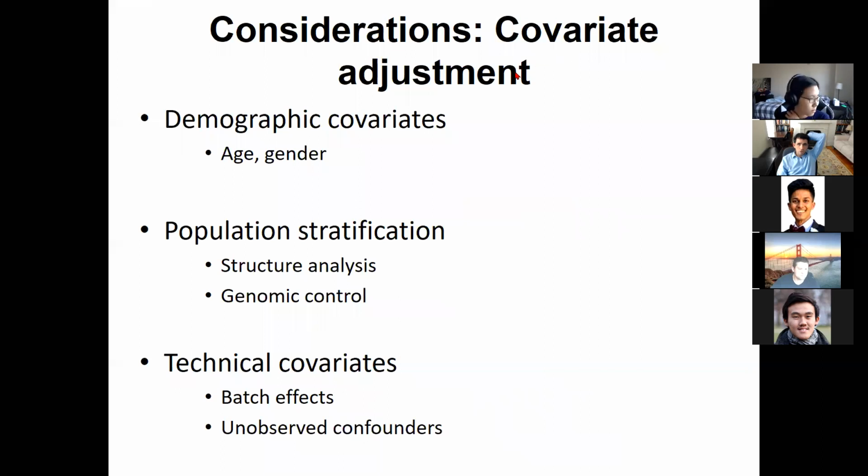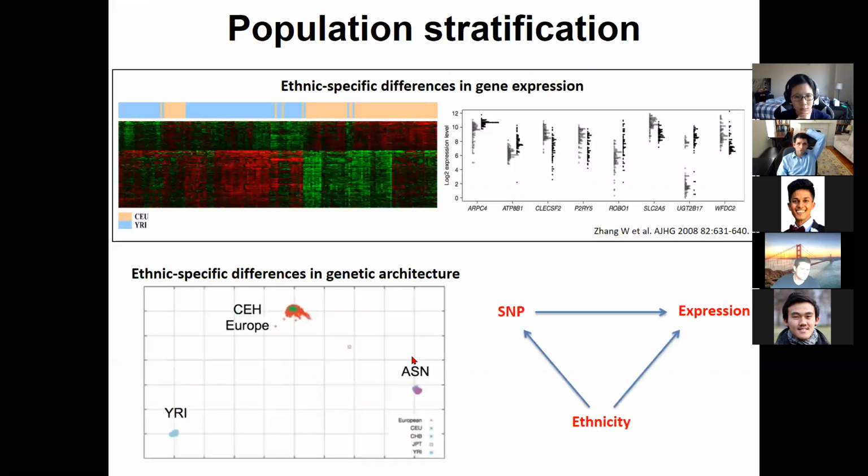And other considerations are, how do I adjust for my covariates? Do I use demographic covariates like age and gender? Do I use population stratification to understand the structure of the underlying population and use specific controls? How do I control for batch effects and for unobserved confounders? So ethnicity is influencing both your expression levels as well as your SNP.